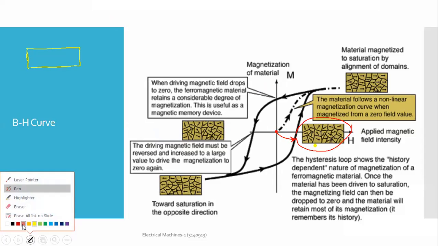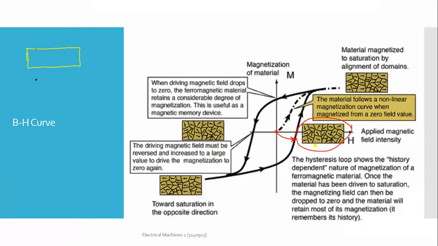And when the core is excited, the core is wound around it, and when the current is passed, initially this first part is where the material follows the non-linear magnetizing curve, magnetizing from 0.